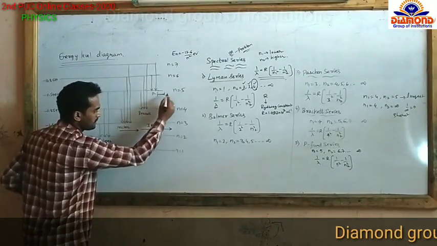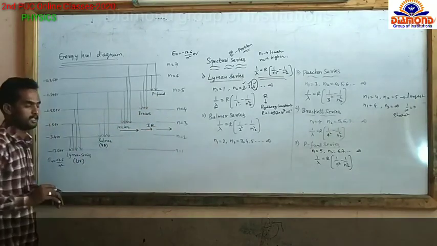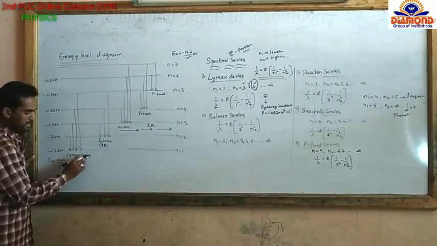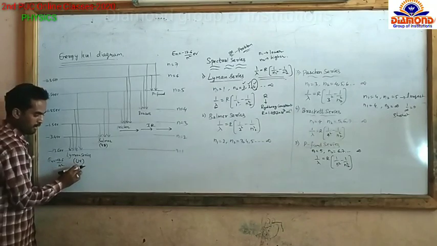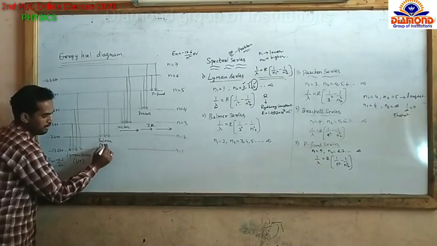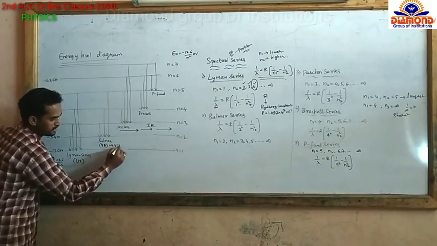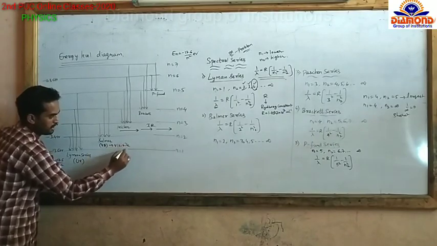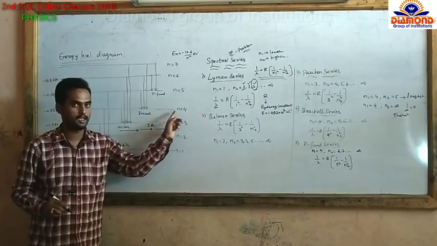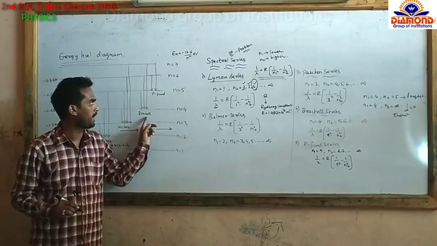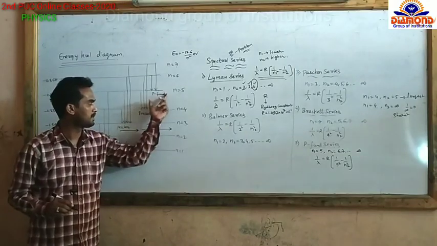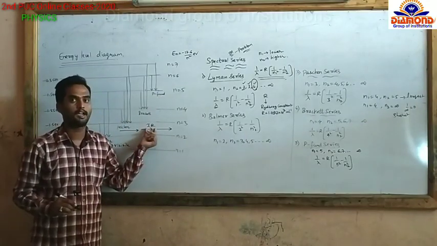These three series are present in the infrared region. See here, Lyman series is present in the ultraviolet region, whereas the Balmer series is present in the visible region, and the last three series, that is Paschen, Brackett, and Pfund, are present in the IR region.